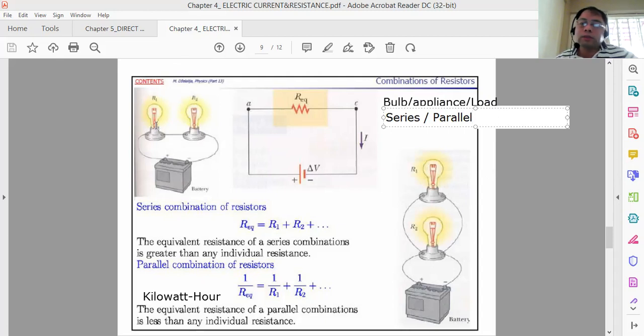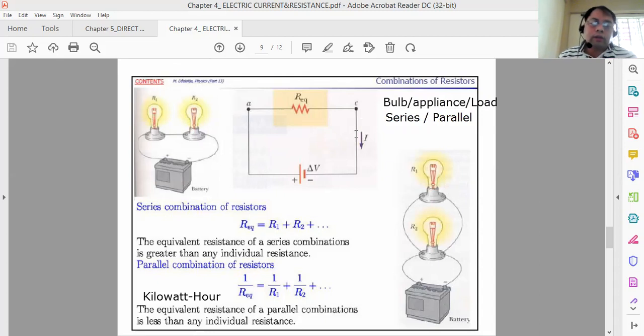Each of these bulbs could be equivalent to a resistor. There is a fixed value of resistance in each of these bulbs. That's why we can have them with a symbol R1 or R2. So we could have a series connection or a parallel connection, just like this.